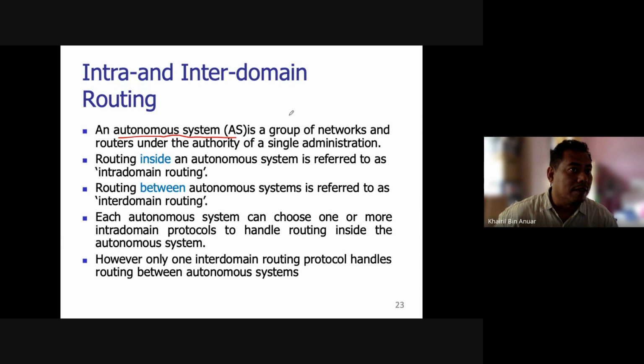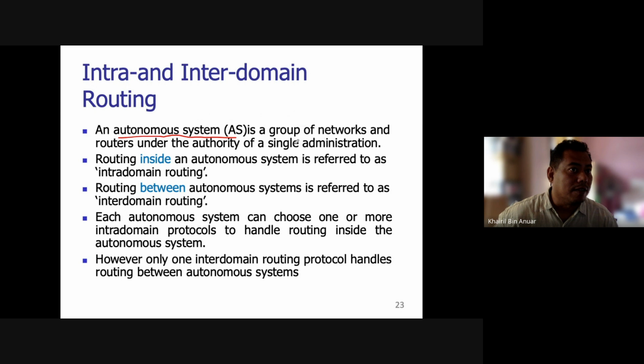The autonomous system can also have two different locations, but if you are still within the same network, it's considered as one autonomous system. Or perhaps you can say that you have two different autonomous systems, but with the same admin. So whatever definition you want to have.